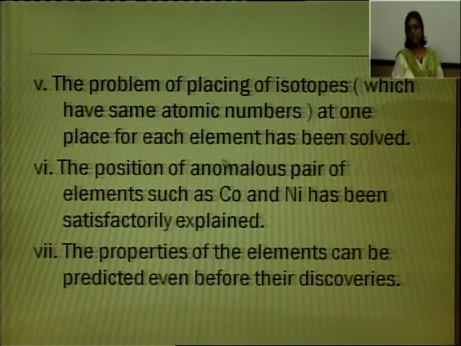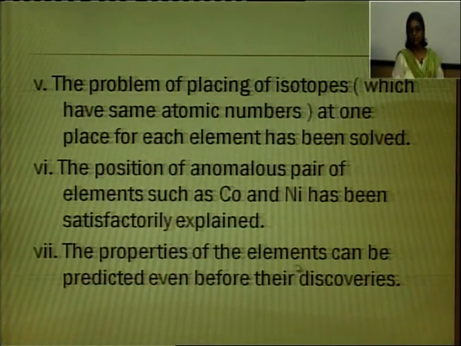Then the position of the anomalous pair of elements such as cobalt and nickel has been satisfactorily explained. In Mendeleev's periodic table, he could not decide which element to place first, cobalt or nickel. But in this case, depending upon the atomic number, the place of cobalt and nickel has also been decided.